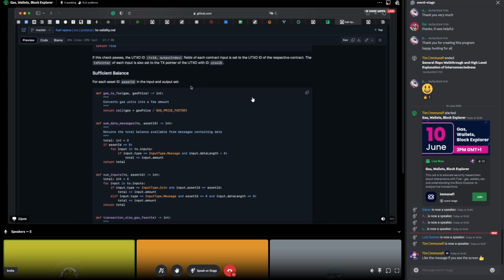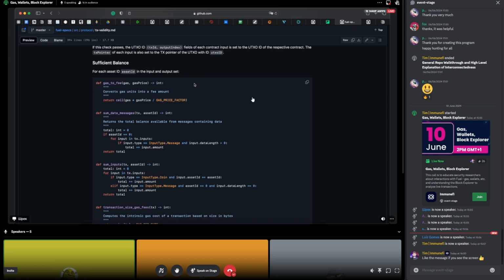Because the transaction contains inputs and outputs, without execution we can already calculate the amount of tokens you need to have to fulfill your outputs.